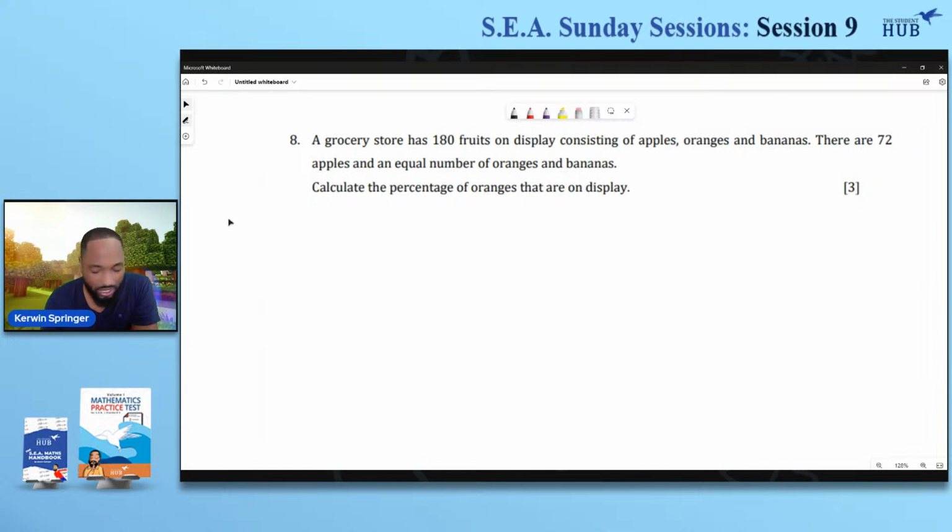You can do a block diagram for this, but I don't feel this requires a block diagram. Because we can remove the apples out of the total and we'll get 108 fruits.